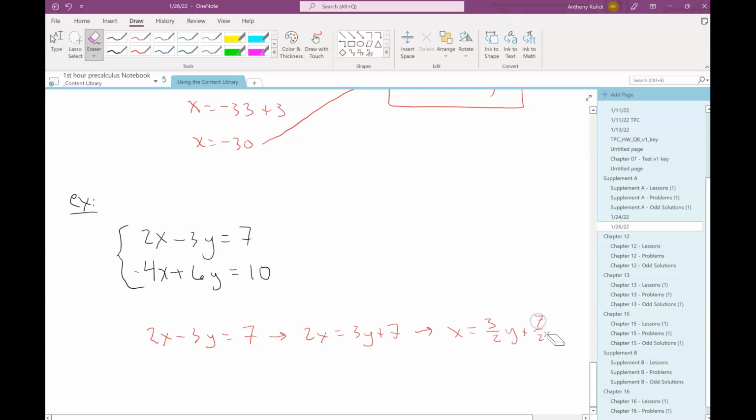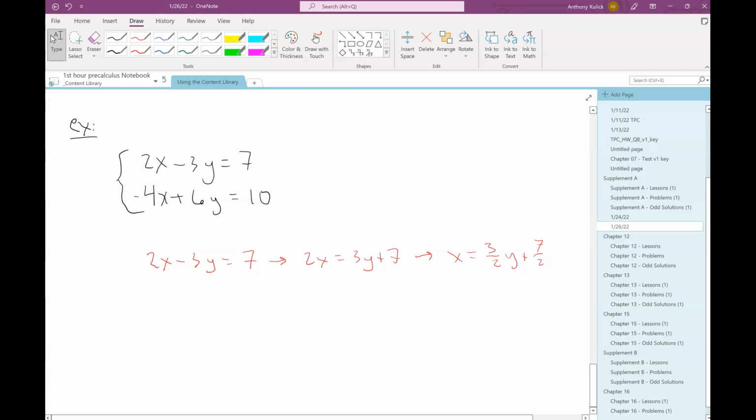Now, I did notice that this is probably going to be the easiest one to do, since at least my denominator in all my fractions here is an even number, and the coefficients in my other equation are even. So at least when I substitute this back in, all the fractions will go away, but not too big of a deal there.